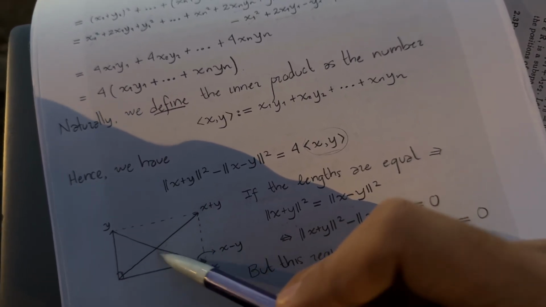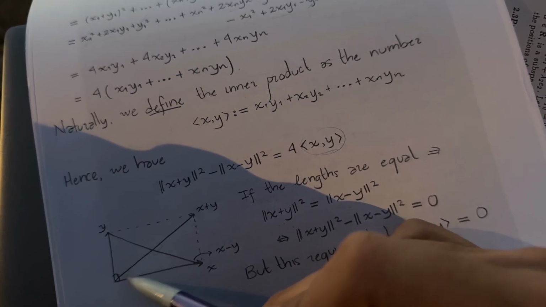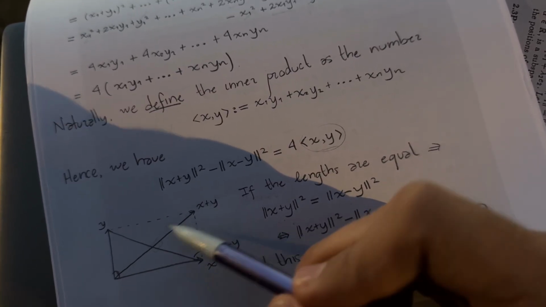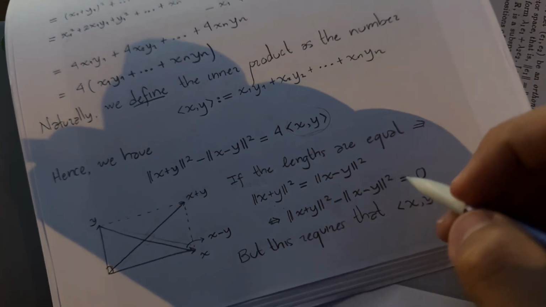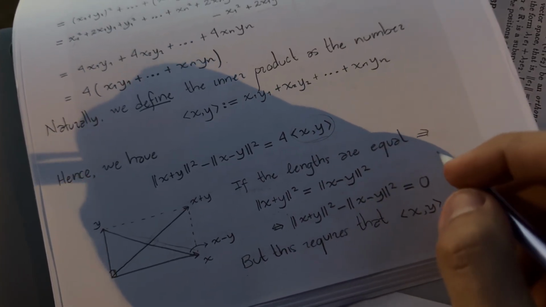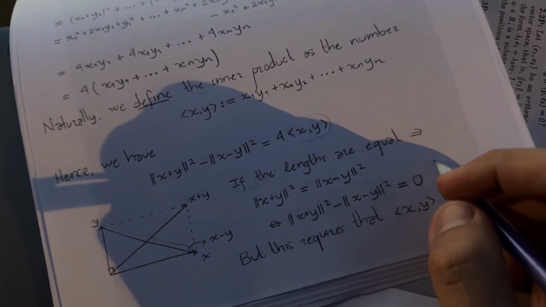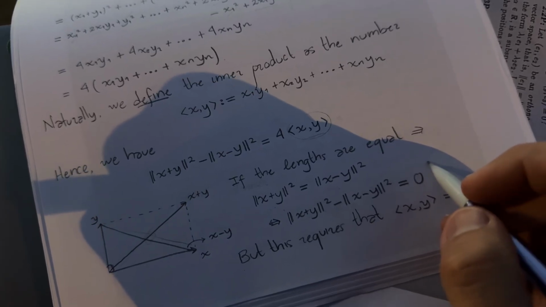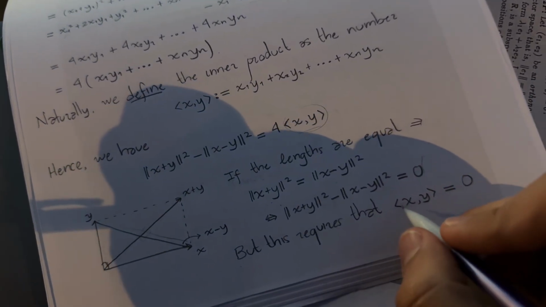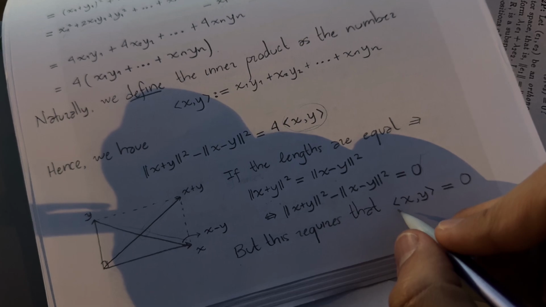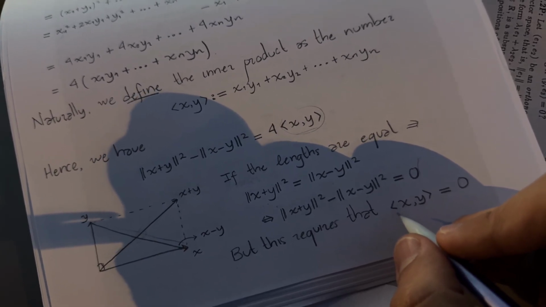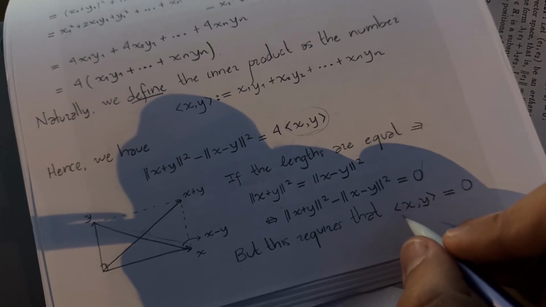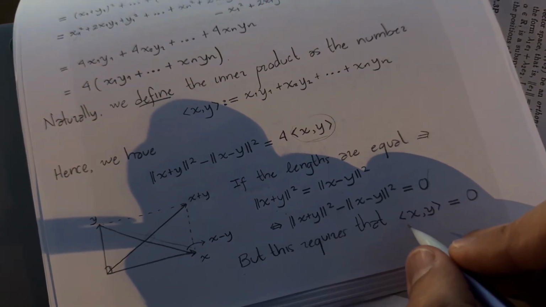Only in this case are this length and this other length going to be the same. So this has a very profound meaning: having defined an inner product and setting it equal to 0 implies, by definition, that the two vectors we are considering are perpendicular.